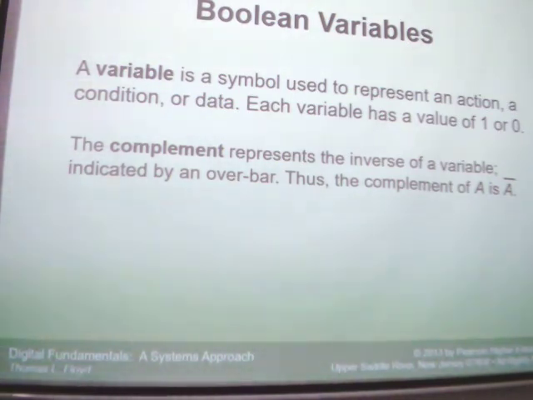We can use this symbol or A overbar. They are the same.